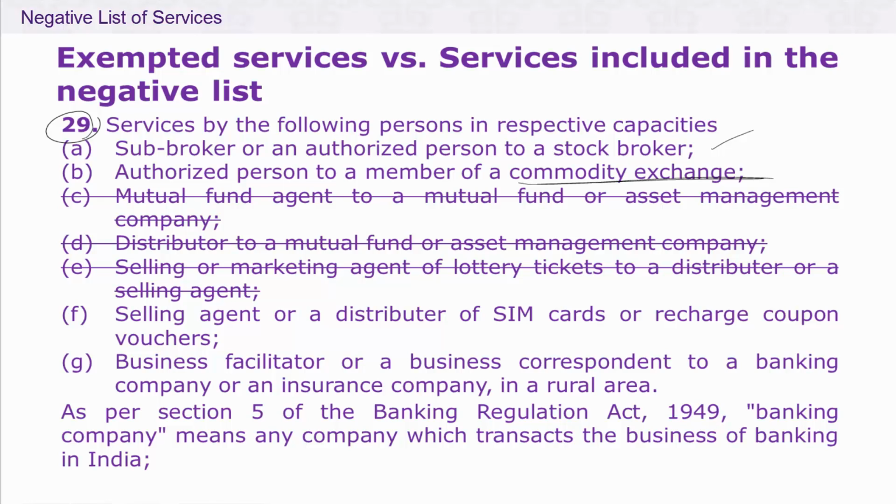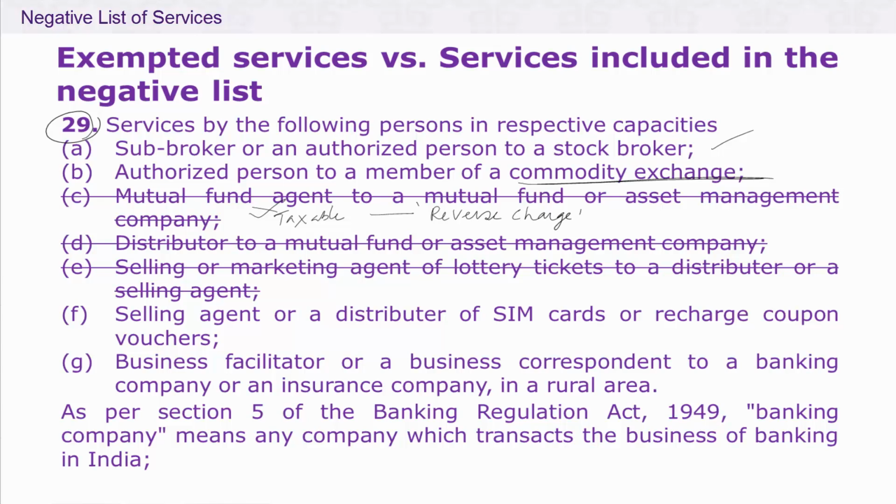But see, mutual fund agent to a mutual fund or asset management company, earlier it was exempt. Now no exemption, now it is taxable. Very important. Because this is taxable, this has been put under reverse charge now.